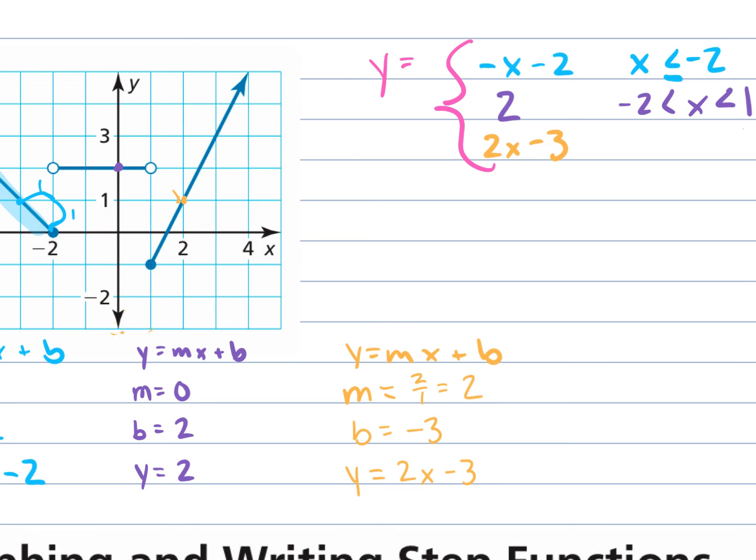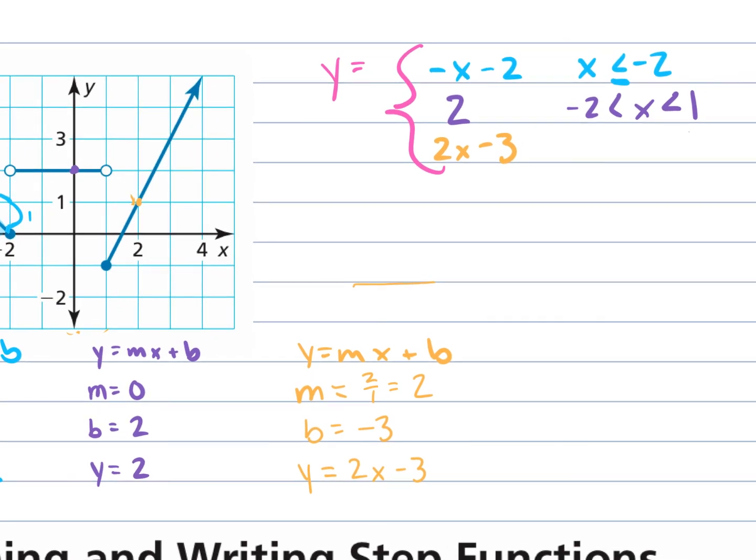So now what x value does our graph start at? 1. So are we talking about x values that are greater than 1 or less than 1? So x is greater than 1. Is it greater than or greater than or equal to? Greater than or equal to because it's a closed circle there.